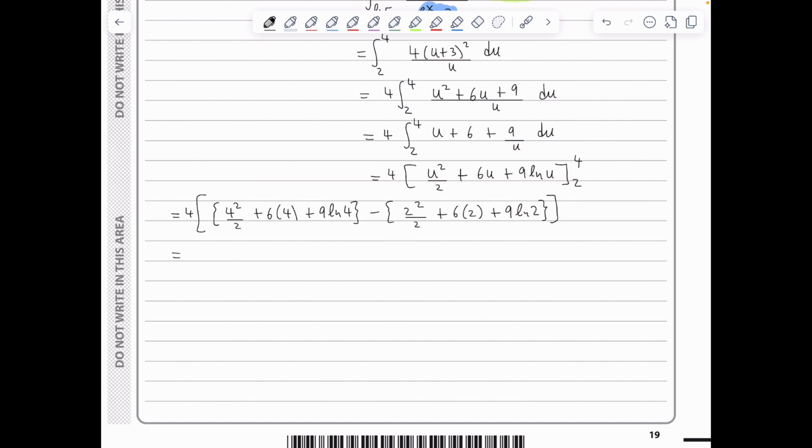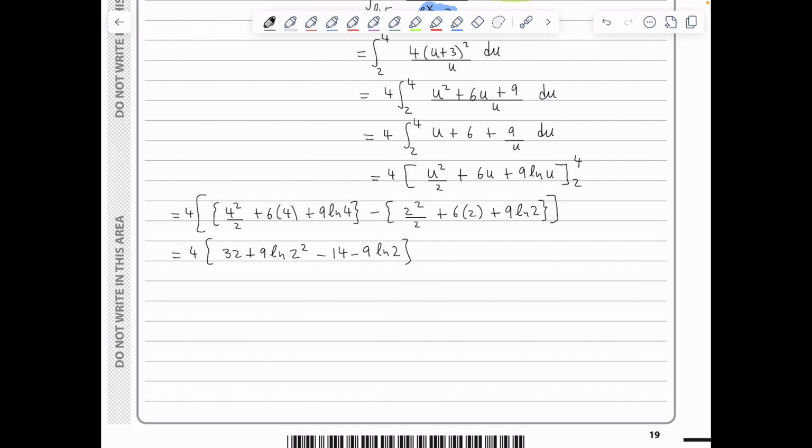So we're looking at 4 times the 32 plus 9 ln of 2 squared. I'm writing the 4 as 2 squared here, because at the back of my mind I'm trying to simplify things. And then the second bracket here will give me overall a negative 14 minus 9 ln 2.